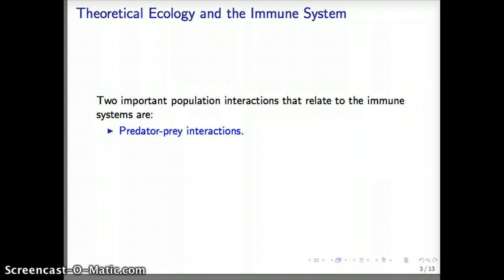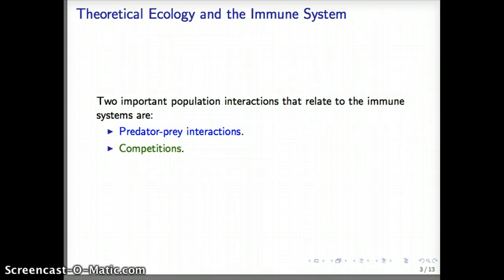Well, it turns out that these concepts are not completely isolated from the ways in which we would like to better understand the immune system. So there are two important interactions that relate to basic functions of the immune system. One of them is predator-prey interactions, and the other one has to do with competitions.